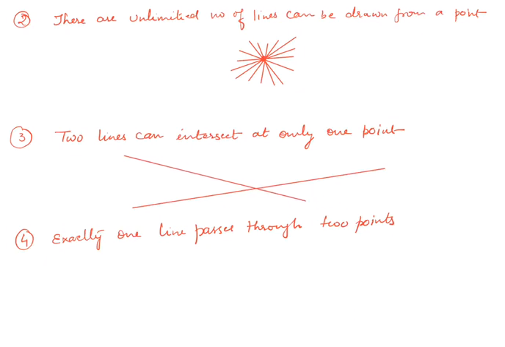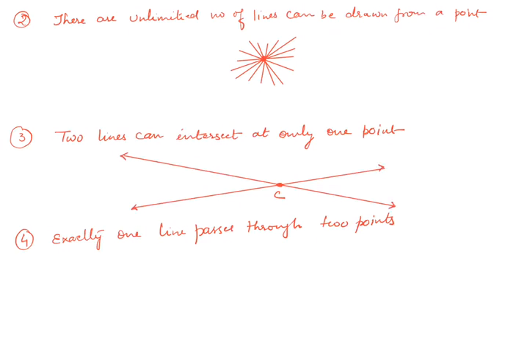On this point it is intersecting. So whenever two lines cross each other, they intersect only at one point.